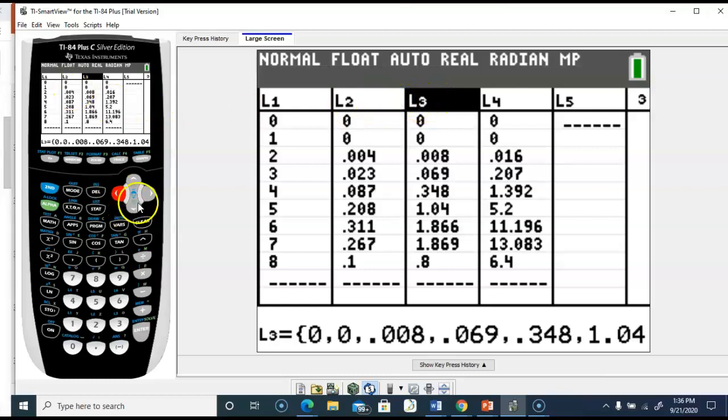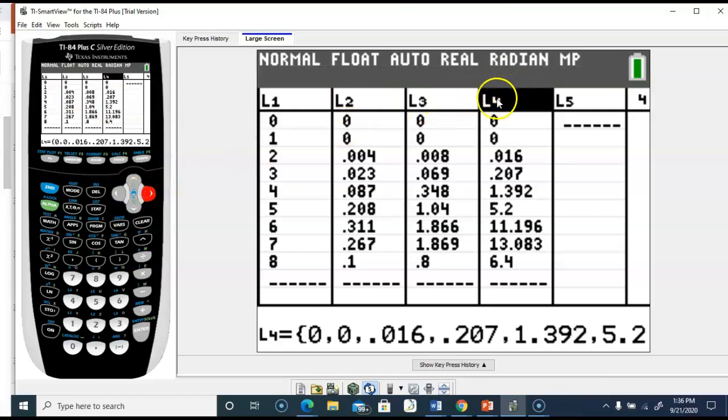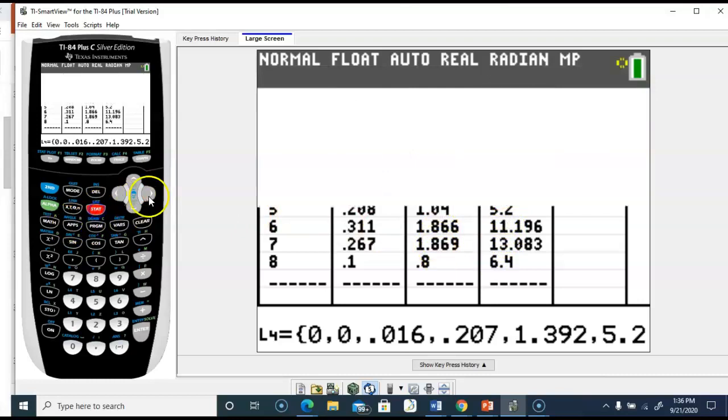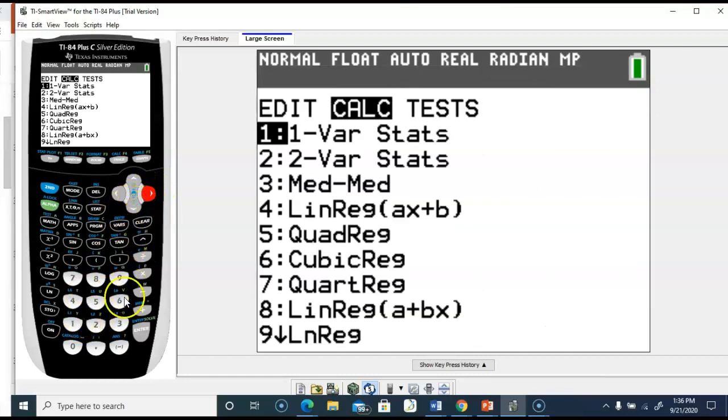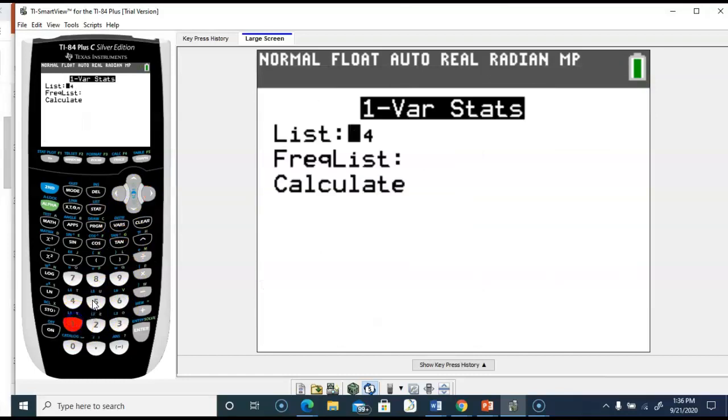You go over here and type in L1 squared times L2, and then it fills these values in for you. So as far as getting the total here, we're going to go to stat calculate, one variable statistics, and we want to find L3 and calculate.